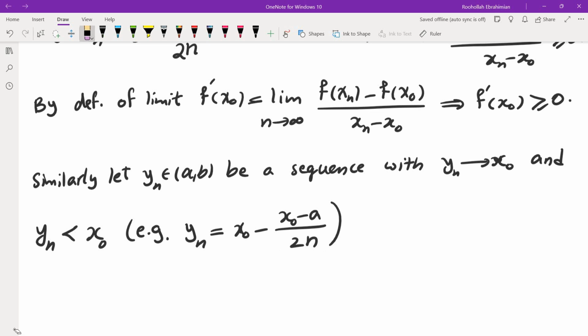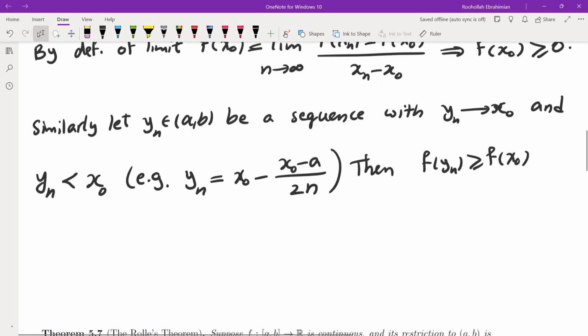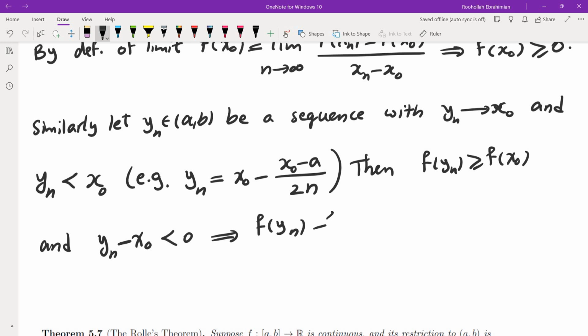Okay, so if we take that, then f of yn is greater than or equal to f of x naught because x naught is a local minimum, and yn minus x naught is less than 0. So if I look at the fraction, this is less than or equal to 0.